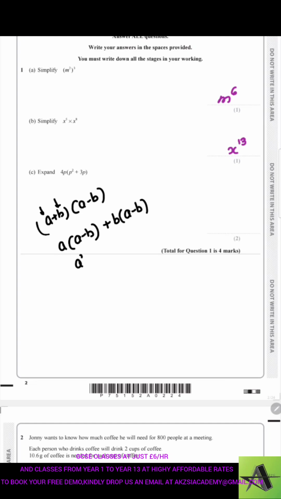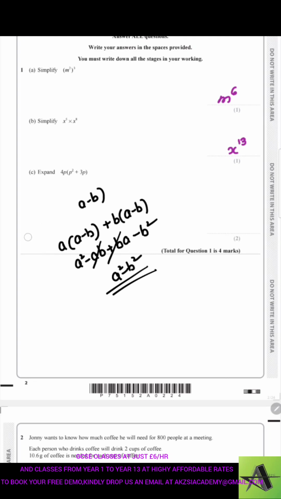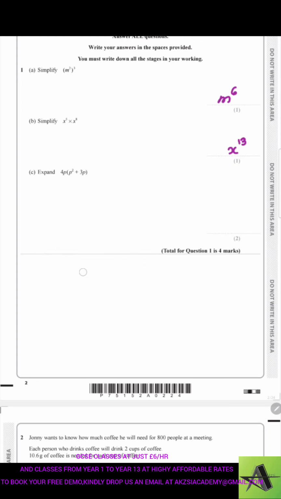So this would be a squared minus ab plus ab minus b squared. This will be 0, so the final answer is a squared minus b squared. So this is how you can expand the double bracket. Now coming back to the single bracket that we have. So 4p times p squared is 4p cubed plus 4p times 3p is 12p squared.